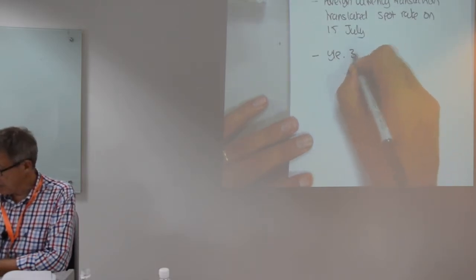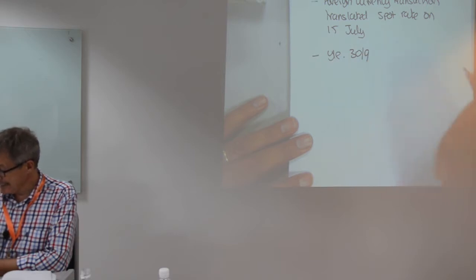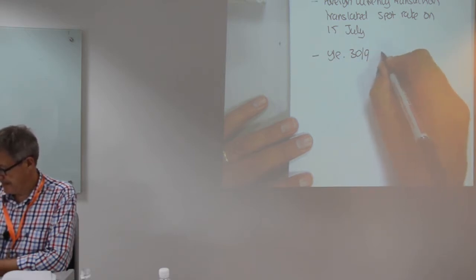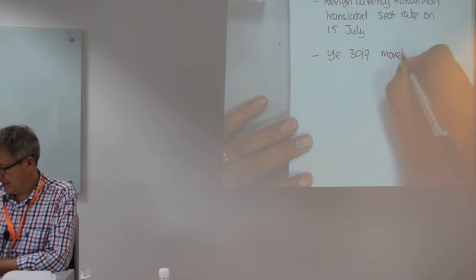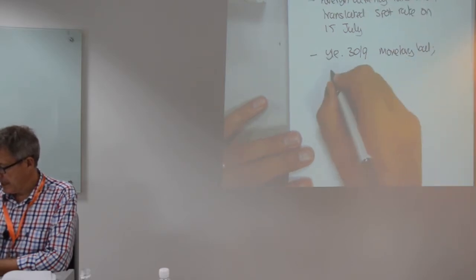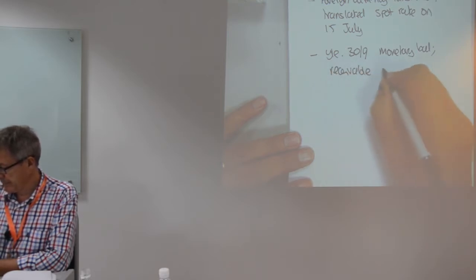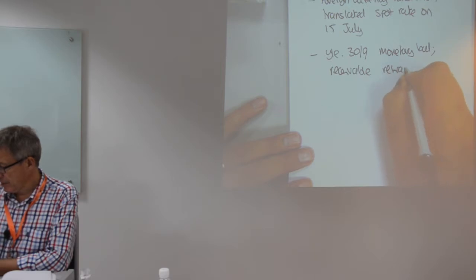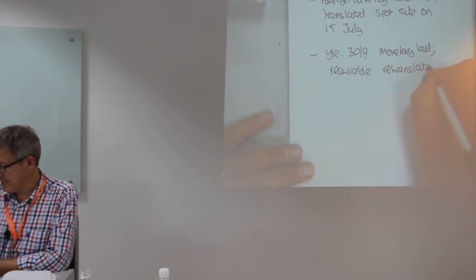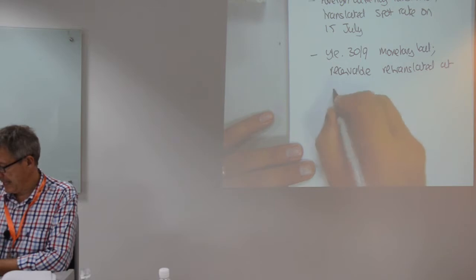At the year end of 30 September, we have a monetary balance in the form of a receivable, which is retranslated at the closing rate.